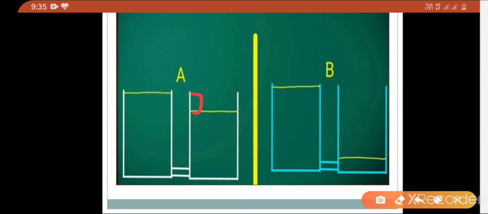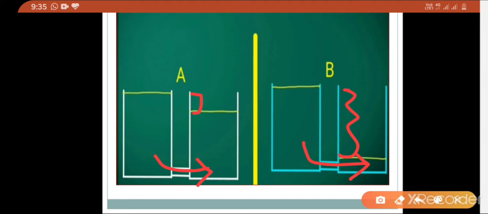Whereas in setup B the level of water has much more difference in the two containers. So in which case will the flow of water from the first container to the second container be more, in setup A or in setup B?